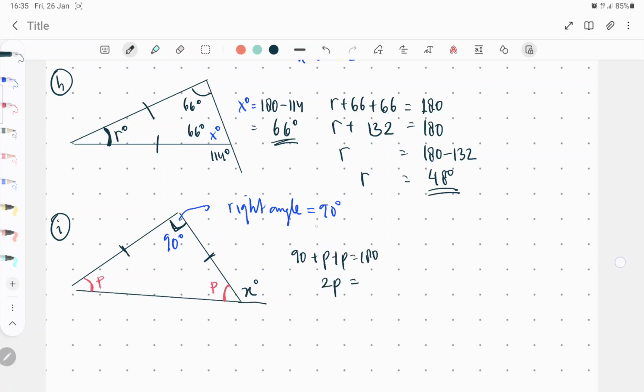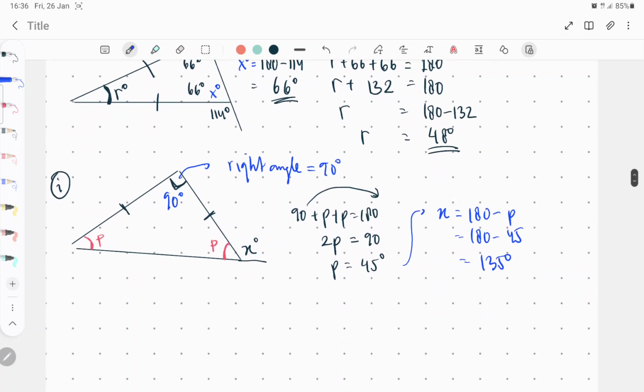So 2p equals 180 subtract 90. So the p is 45 degrees. But that's not our final answer. The question is asking you for x. So x equals 180 subtract 45, which is p. Right? I make it slow. Equals 135.